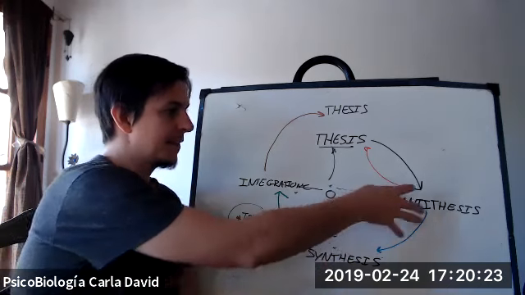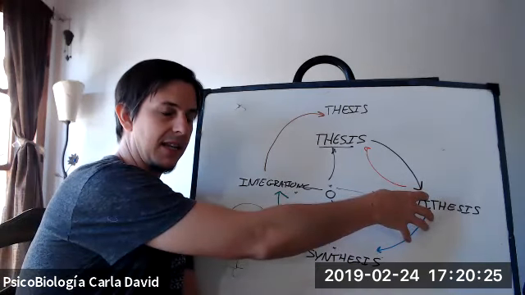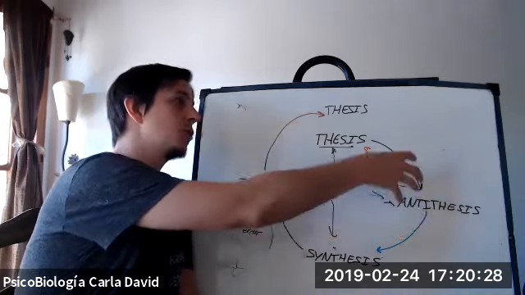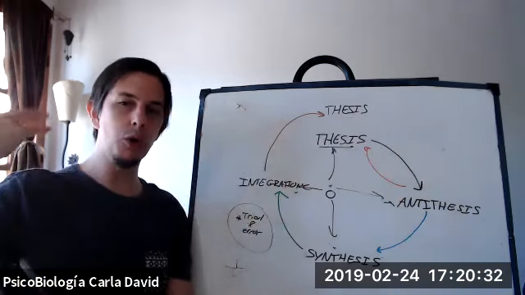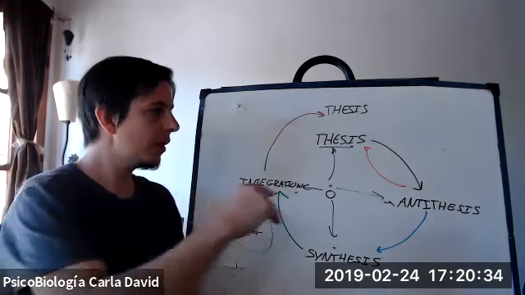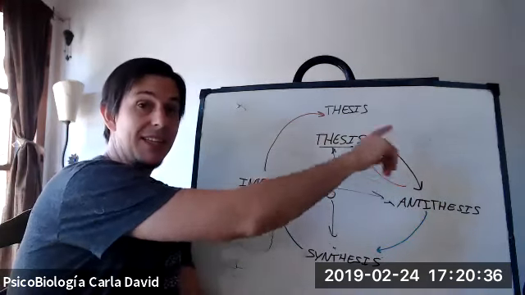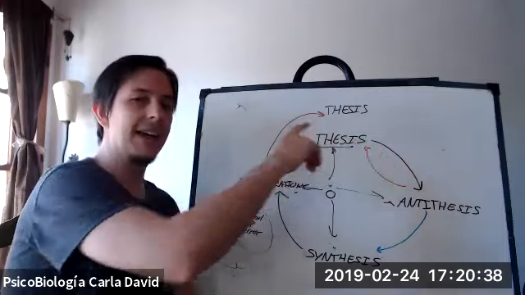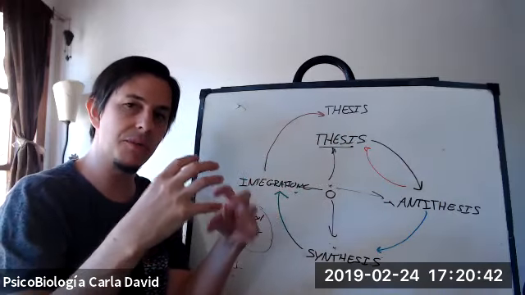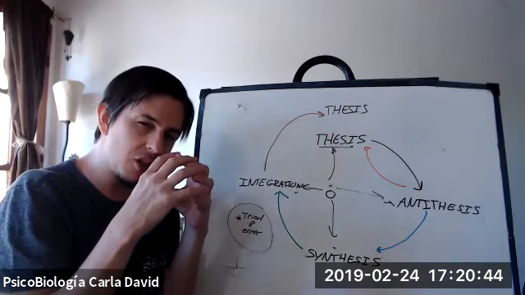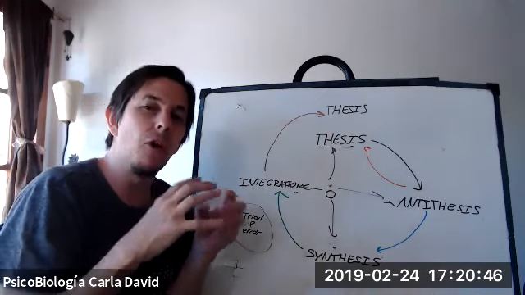Now, this movement, when the antithesis does a resistance and it goes back to order, but it goes back to an old order. Okay. When it does that process, what happens is that instead of growing, it begins to go into a process of degradation. It starts to lose its life force.